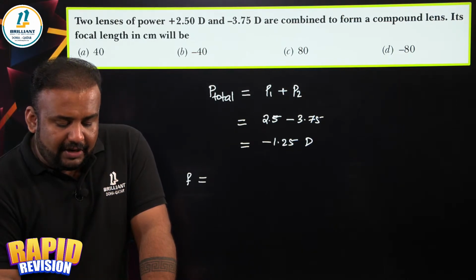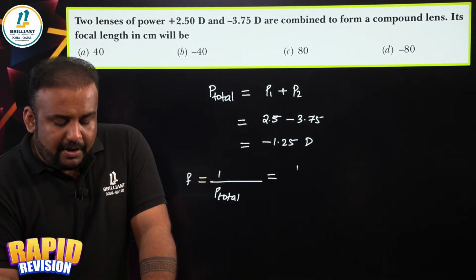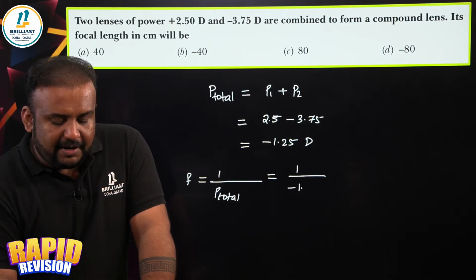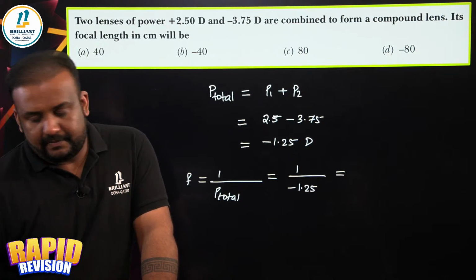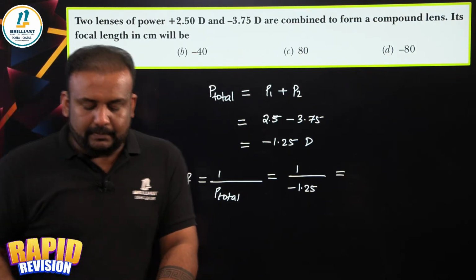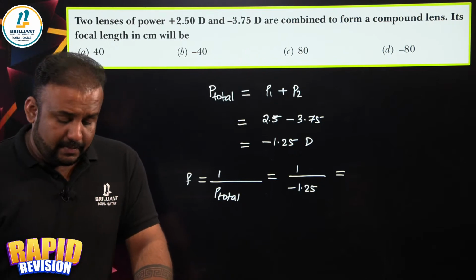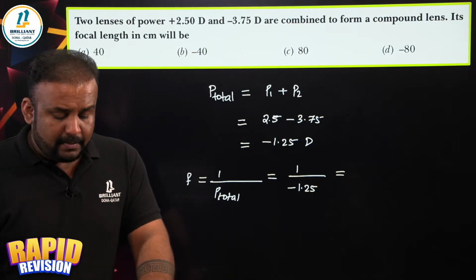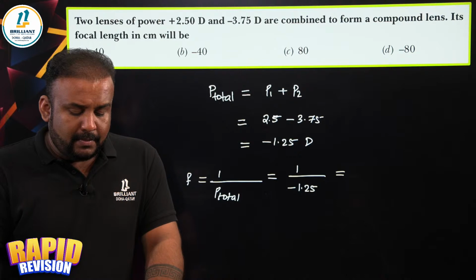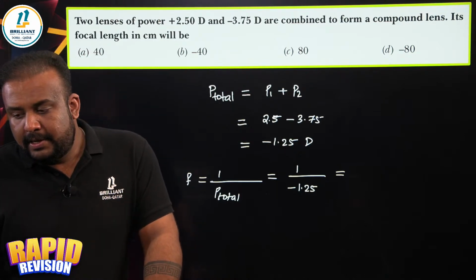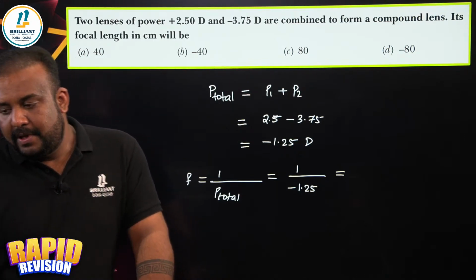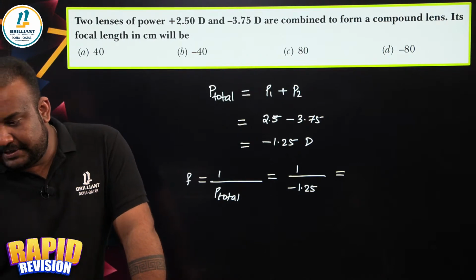Now what is the focal length in centimeter they asked? The total focal length will be 1 divided by the total power, correct? That will be equal to 1 divided by minus 1.25. Yes or no? How much is it? What is the value of this?